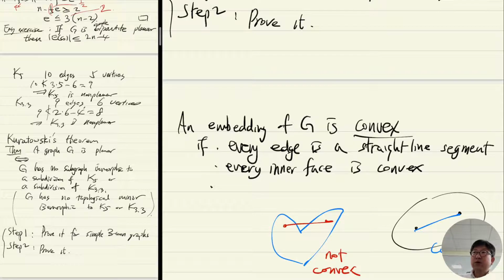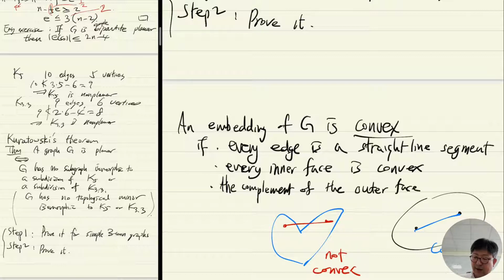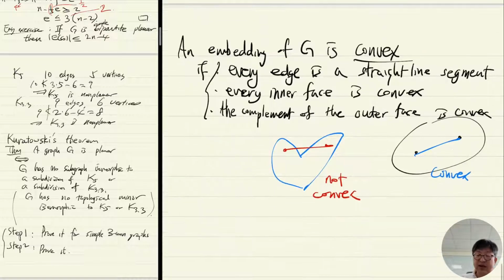And I will also require that the complement of the outer face is convex. Then we say that the embedding is convex. Now, what graphs will have a convex embedding?